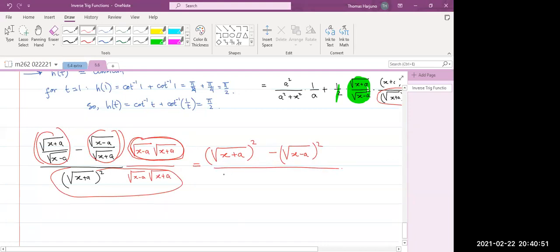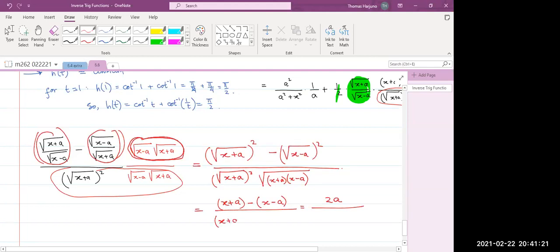While at the bottom, I have square root of x plus a being squared times square root of x plus a, x minus a. Actually, they simplify a lot further. X plus a minus x minus a. Okay, so you will see on the top that would be 2a. While at the bottom we will have x plus a in parentheses, square root of x squared minus a squared.